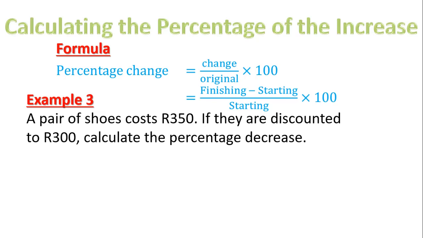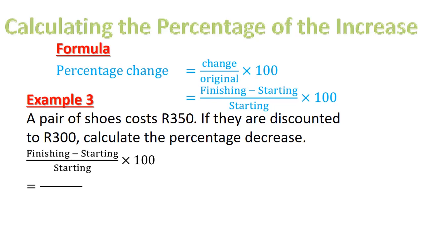So, our percentage change equals our finishing minus starting over starting times by 100. So, that gives us, let's look, our finishing amount. Well, they discounted to 300, so that's where it finishes. So 300 minus our starting amount.